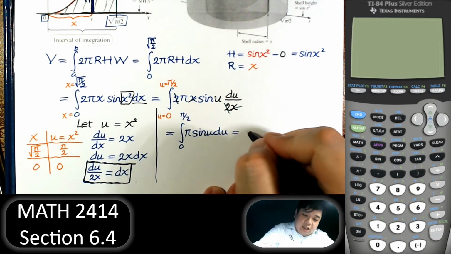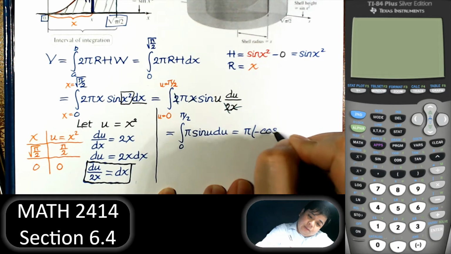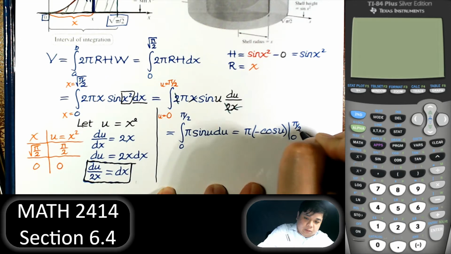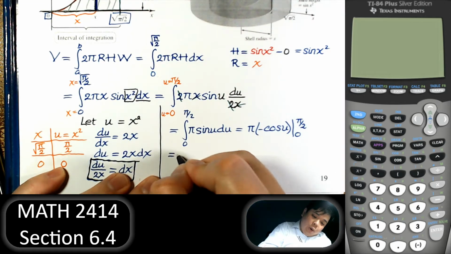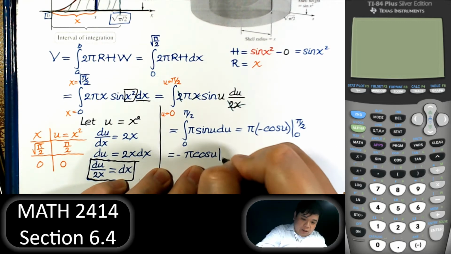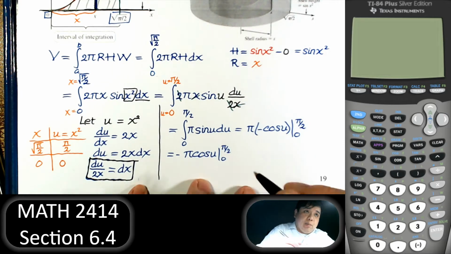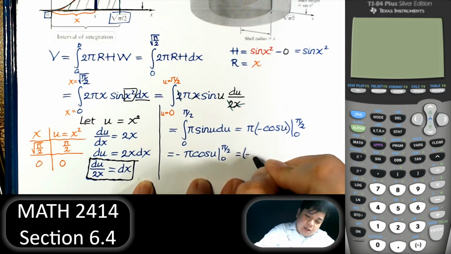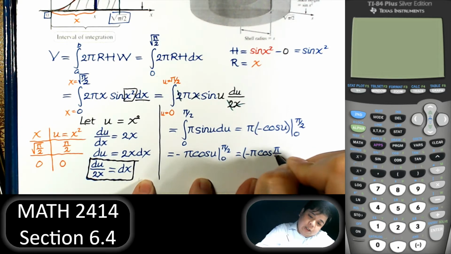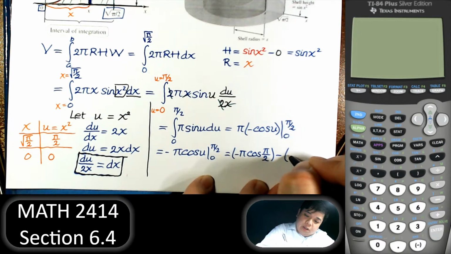Now the integral of sine is negative cosine, so negative pi cosine of u. Then we put pi over 2 into it first, and subtract where we put 0 into it.